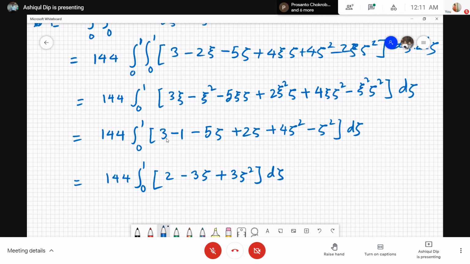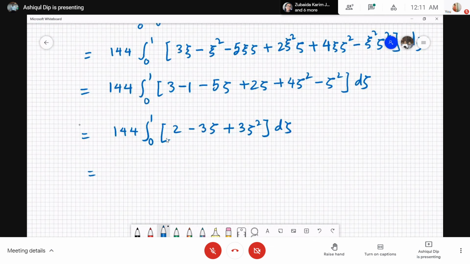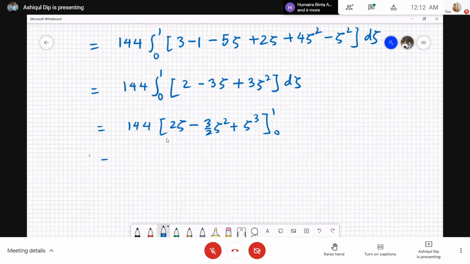If you integrate that, you get 144 times 2 zeta minus 3 by 2 zeta squared plus zeta cubed, from 0 to 1. You just worry about the upper limit: 144 times 2 minus 3 by 2 plus 1.